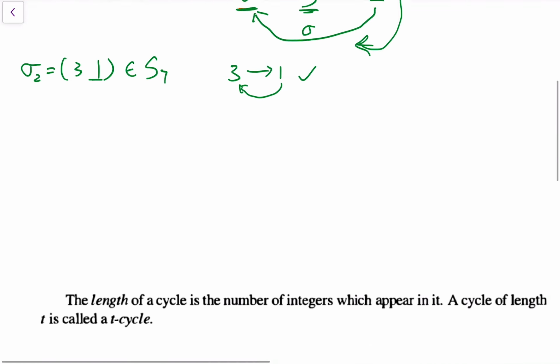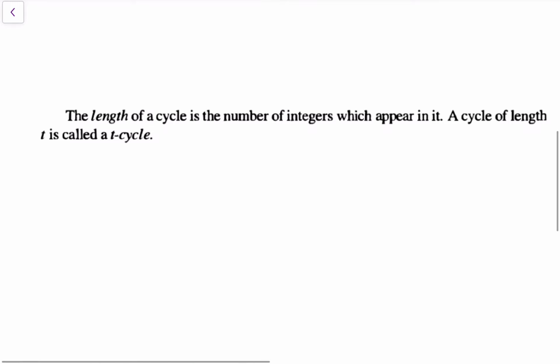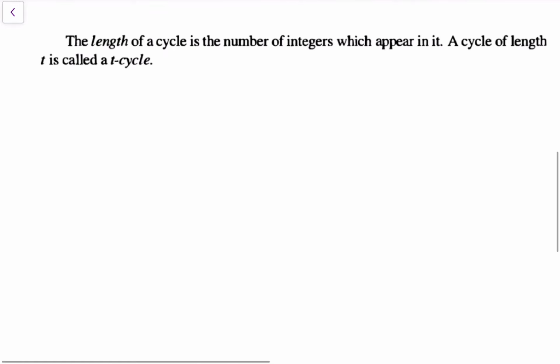Okay, then we can define the length of a cycle. The definition says the length of a cycle is the number of integers which appear in it.